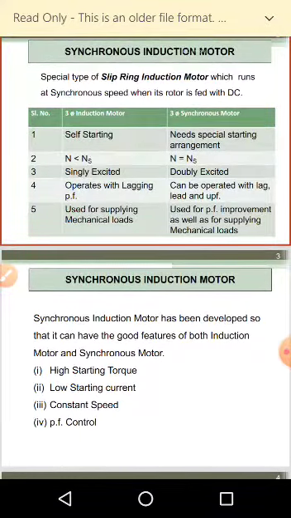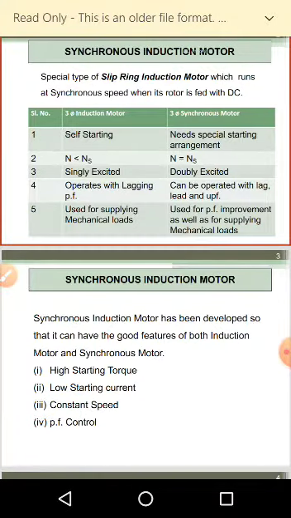So, the first slide gives a comparison between the synchronous machine and the induction machine. We know all those points. A synchronous motor is not self starting, and a 3 phase induction motor is self starting. The induction motor runs below synchronous speed, whereas the synchronous motor runs at synchronous speed.